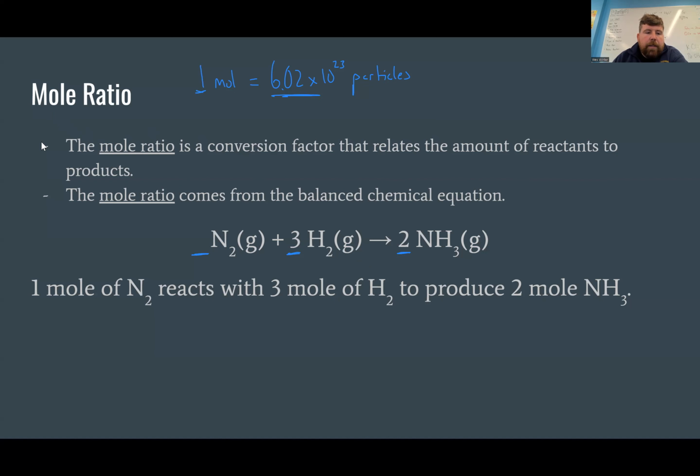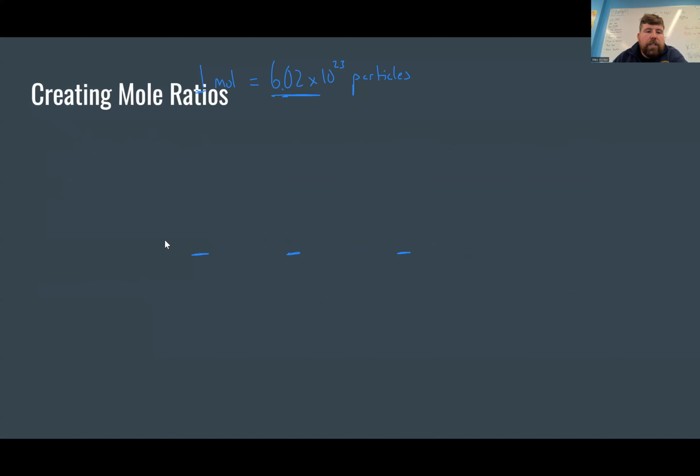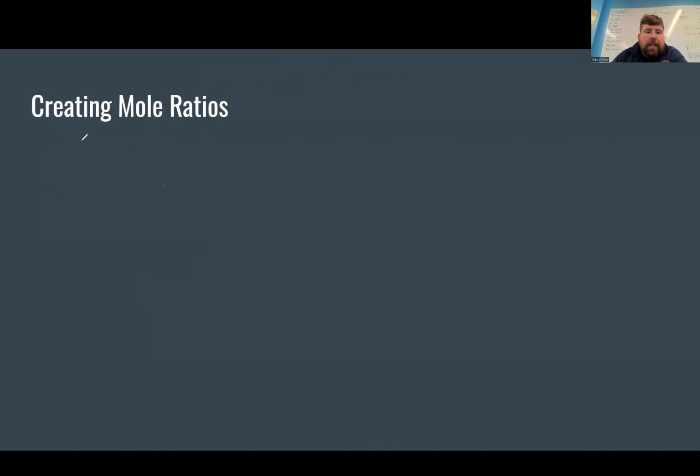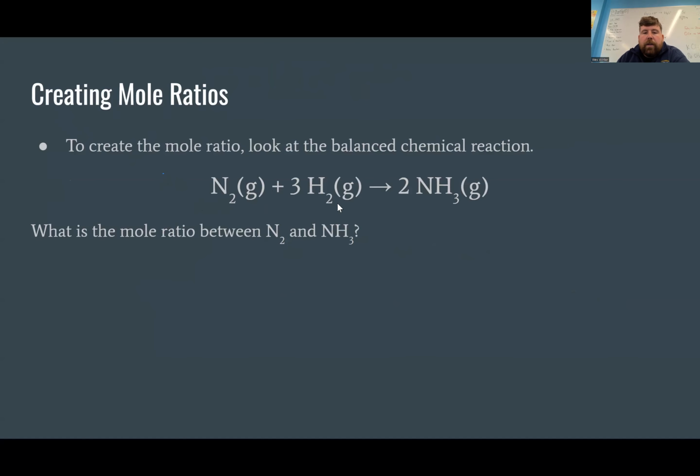Now, I'm going to use it in the exact same way. How do I create these mole ratios? The way I do this is by quite literally just looking at the balanced chemical equation. So to create the mole ratio, we look at the equation. Let's say I want the mole ratio between N2 and NH3.